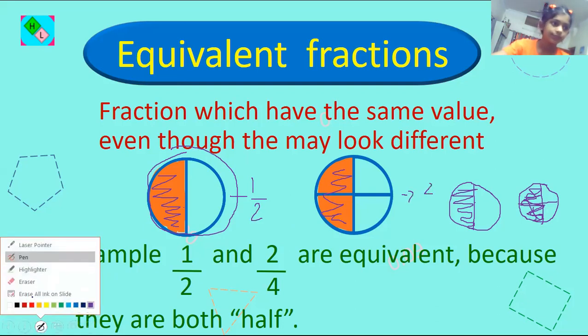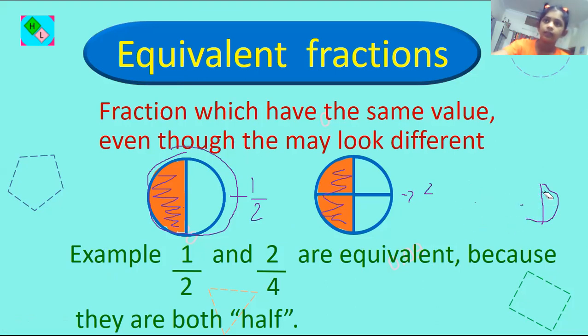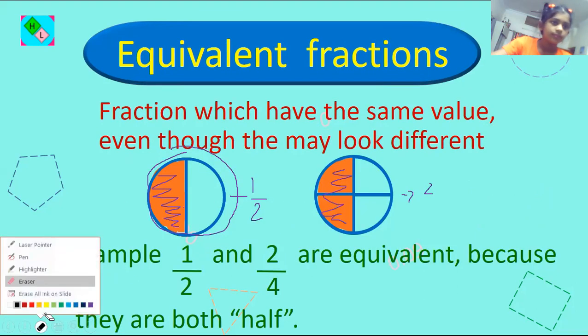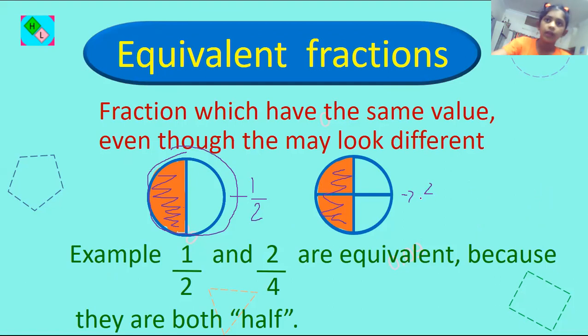Now 1 by 2 and 2 by 2 are equivalent. Why? Because they are both half. I have given you this half, and from the first cake I have also given you this half. That means they both represent half. Okay, now let's move on to the next.